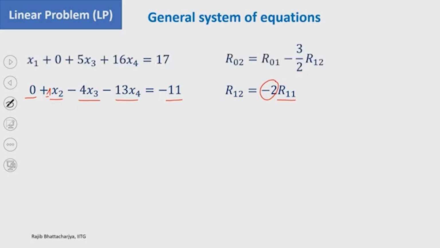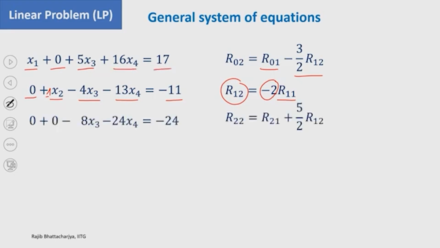Now if I do this operation, that is R 0 1 minus 3 by 2 R 1 2, then I am getting 0 here. So, now I am getting x 1 plus 0 plus 5 x 3 plus 16 x 4 equal to 17. And if I do R 2 2, which is equal to R 2 1 plus 5 by 2 R 1 2, then this is also 0 now, and this is already 0.